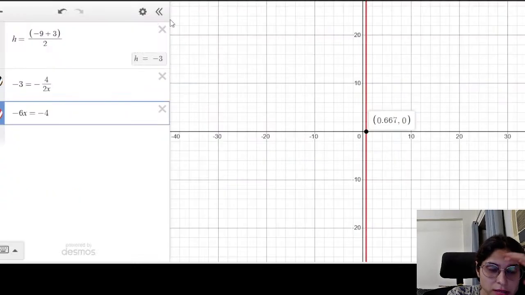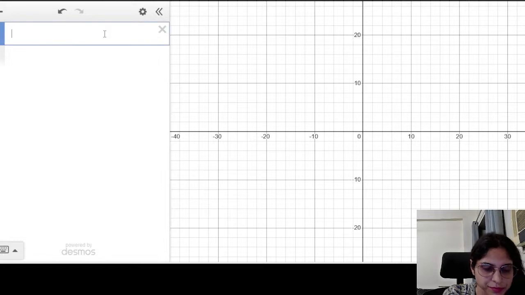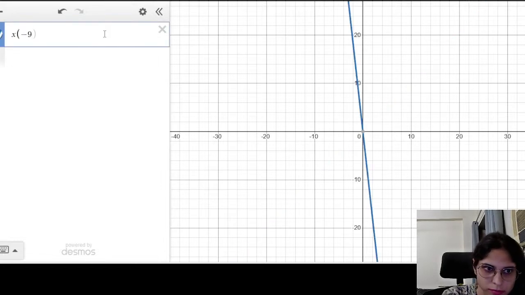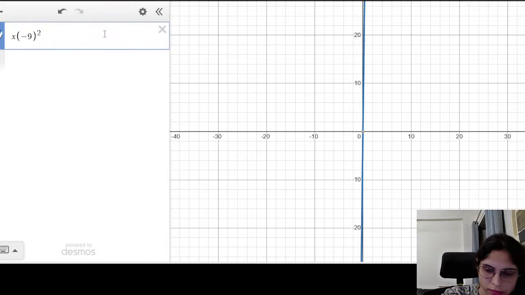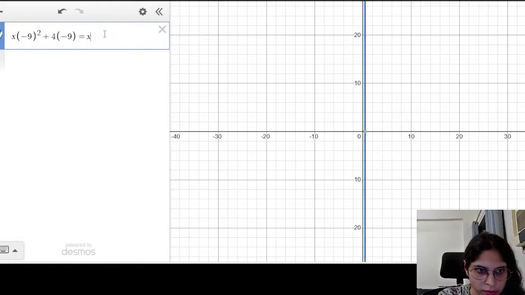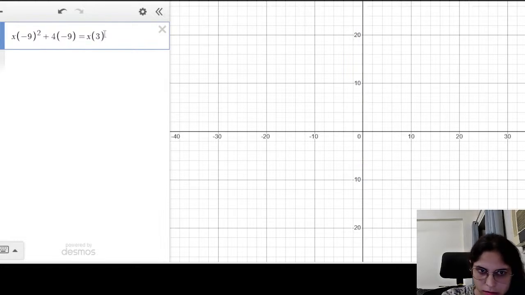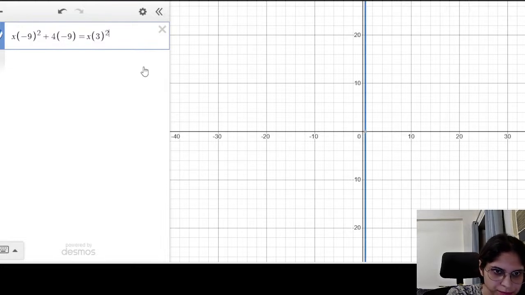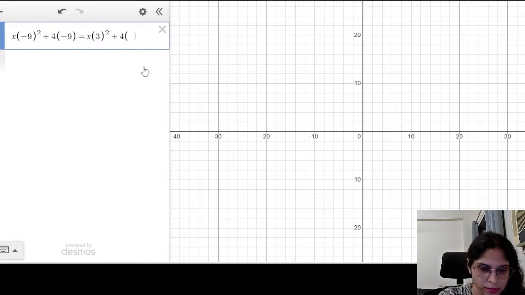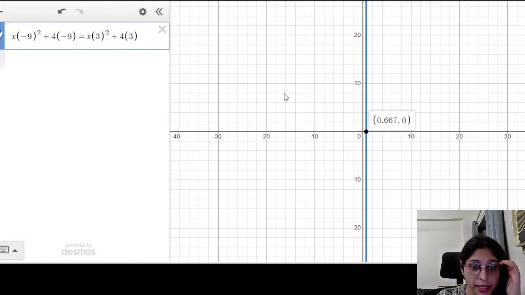Now you just write this entire thing into Desmos. Is equal to, instead of a I am writing x, you will get 0.667.